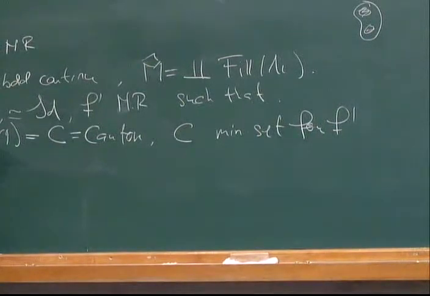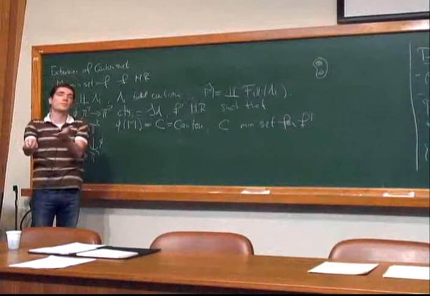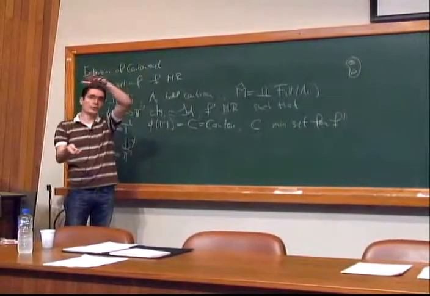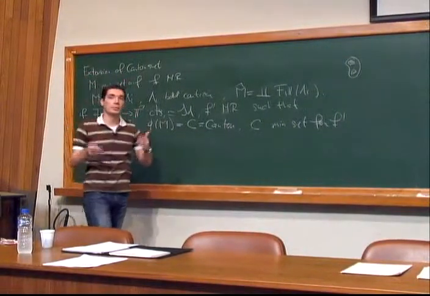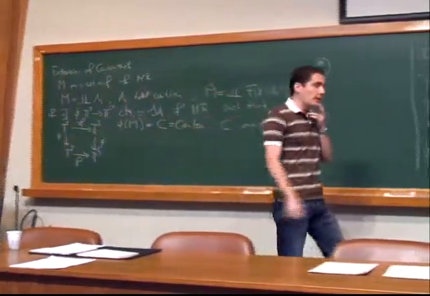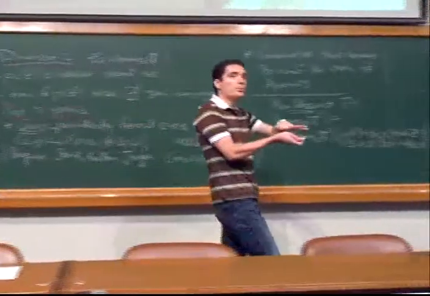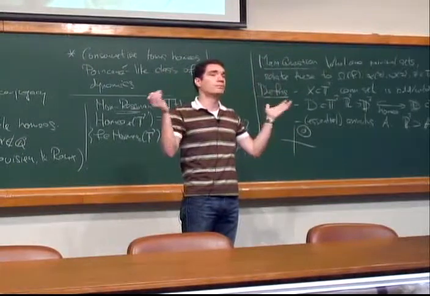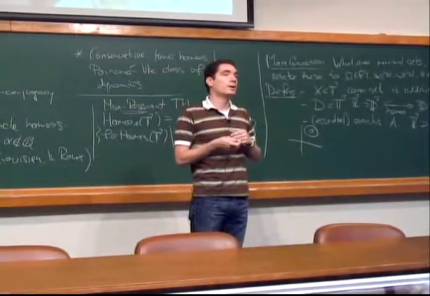You fill in all the rubbish and you quotient that out. If that is a Cantor minimal set for that vector field, then the minimal set upstairs will be an extension of a Cantor set. The point is that you can really blow up a Cantor set. So you can have arcs and circles and dendrites, and I'll basically get to that.